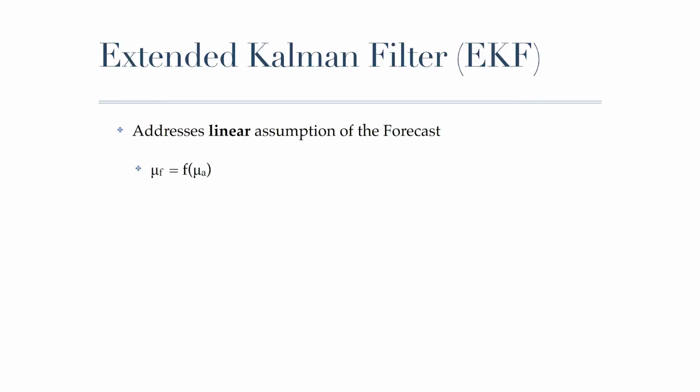Okay, so I'm going to refresh where we left off. Yesterday was on the extended Kalman filter, which took where we started, which was the simplest possible model: normal likelihood, normal process error, linear model. And it tried to address that assumption of linearity in the forecast. It did that by assuming that the forecast mean would be whatever nonlinear thing comes out of our forecast model when putting in the analysis mean, which we know technically violates Jensen's Inequality.